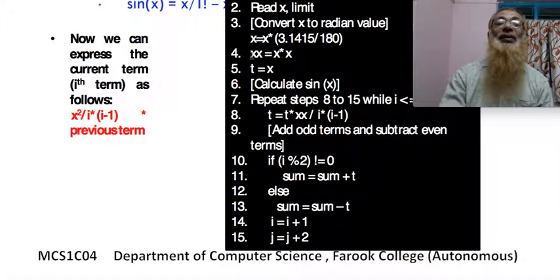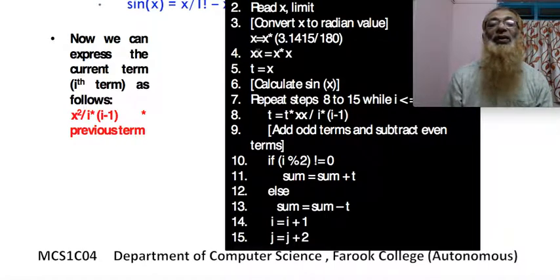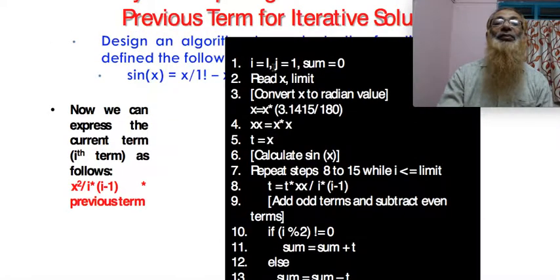See, x into x is given as x. Just watch this, x is equal to x into x. We get the first term as x itself, because it is x by 1 factorial, so the first term is x itself.